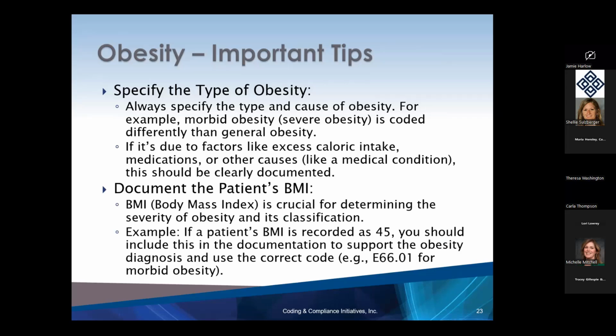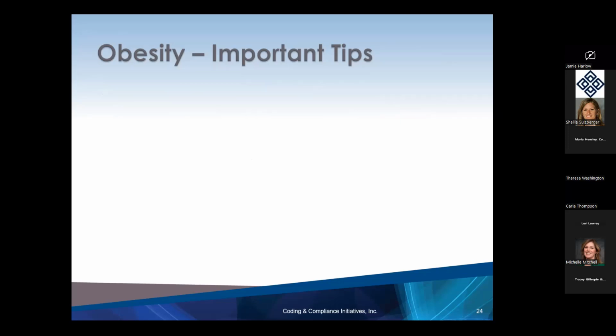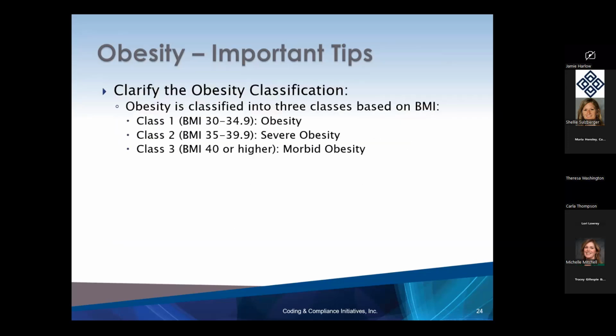Those are things that have to be documented by the provider. So with these new classes, of course, there are ranges, but as coders, they cannot go back and say, okay, BMI between 35 and 39 is class 2. Providers have to document that information.